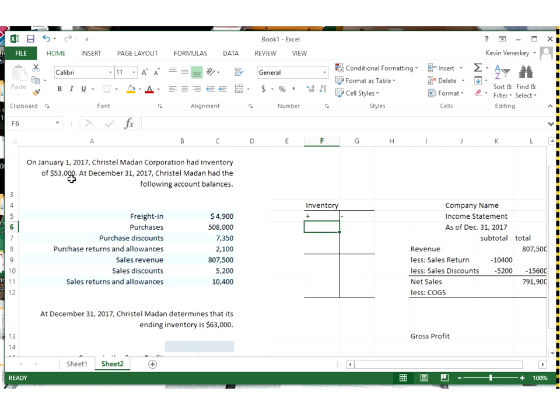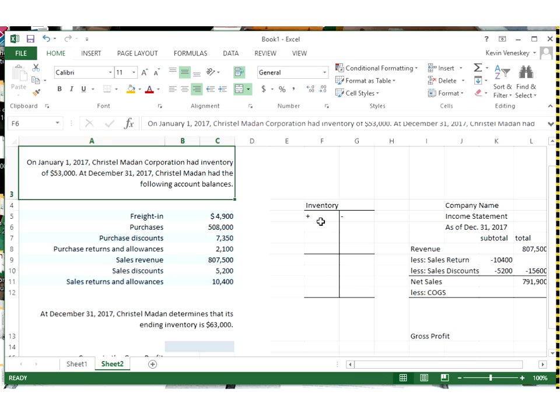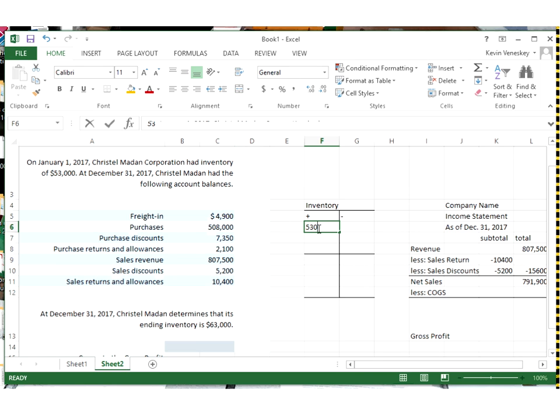It says up here that at the beginning of the year, we had $53,000 in our opening inventory account. So I'm going to put that over here to the side, $53,000 as our positive inventory. And then it tells us it went ahead and separated. Remember in class, we go ahead and add them all into our inventory.